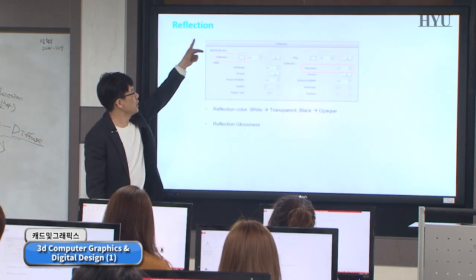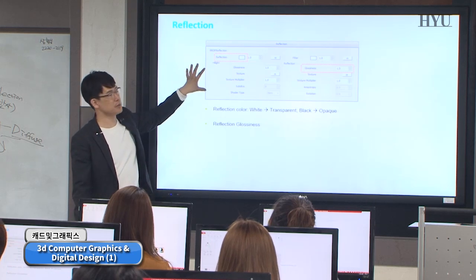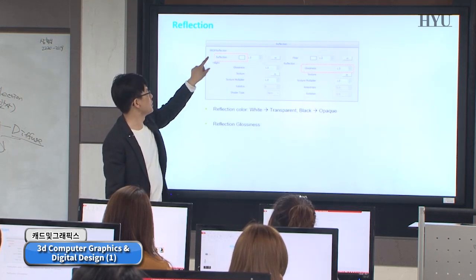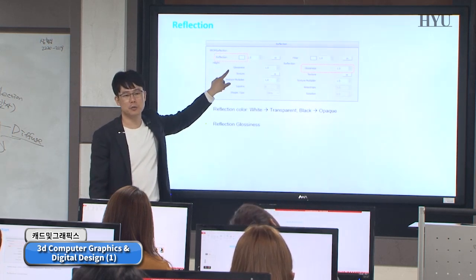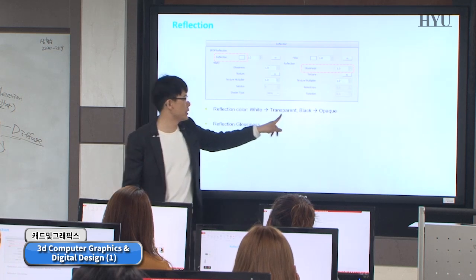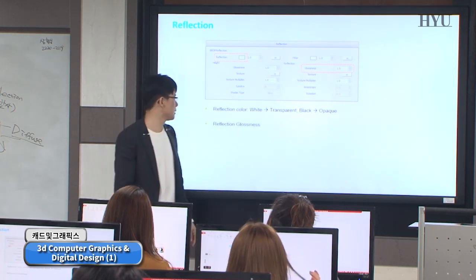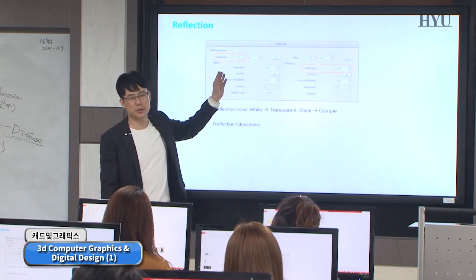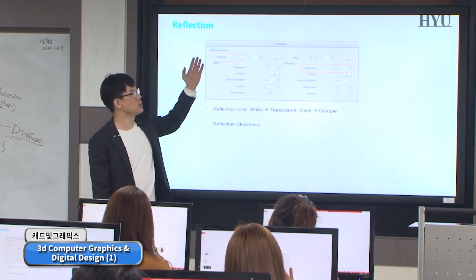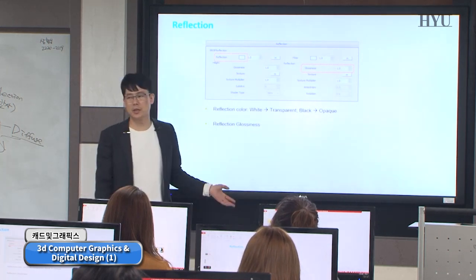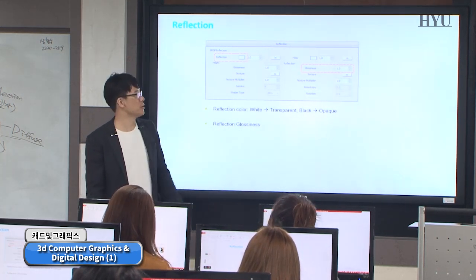When you create a reflection layer, this is the V-ray interface. Under reflection, there is the reflection amount, the reflection rate. White means 100% reflection, 100% reflective. Black means 0% reflective. So you have to control that.